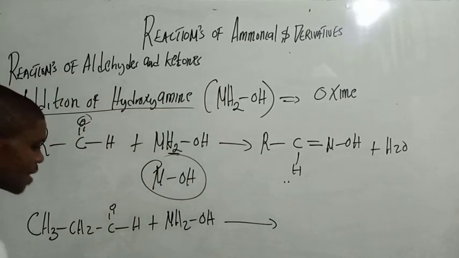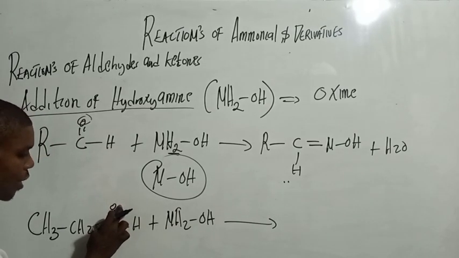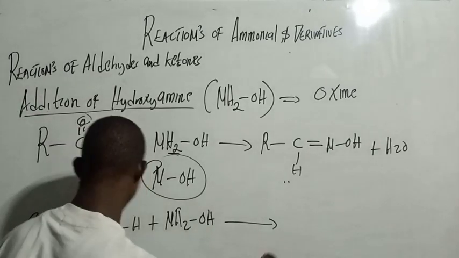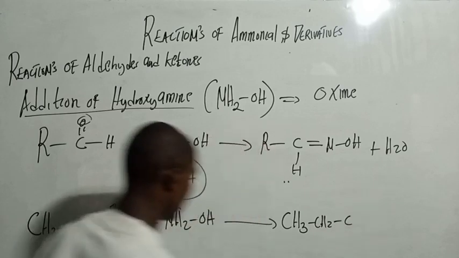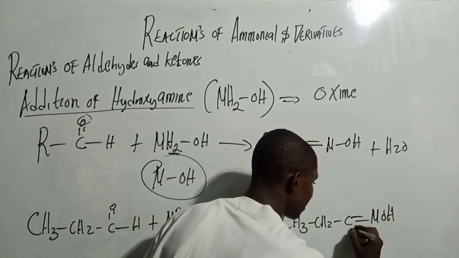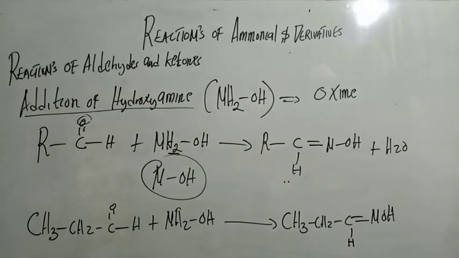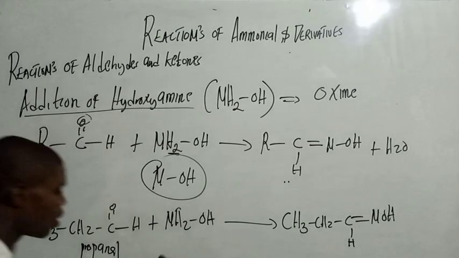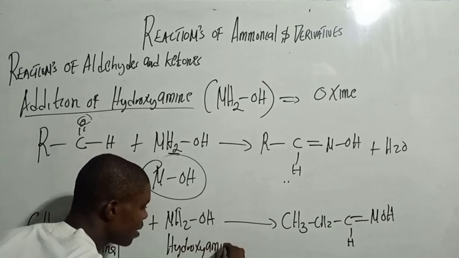It's very easy, right? These two hydrogens here will move to this one here to form OH, to form H2O. Then we have NOH. So here we have CH3, CH2, C, then a double bond to NOH, with hydrogen. Remember, here it's called propanal, and here it's called hydroxylamine.